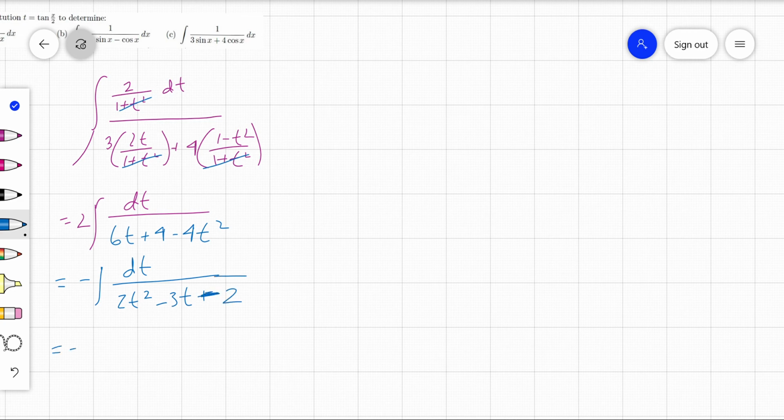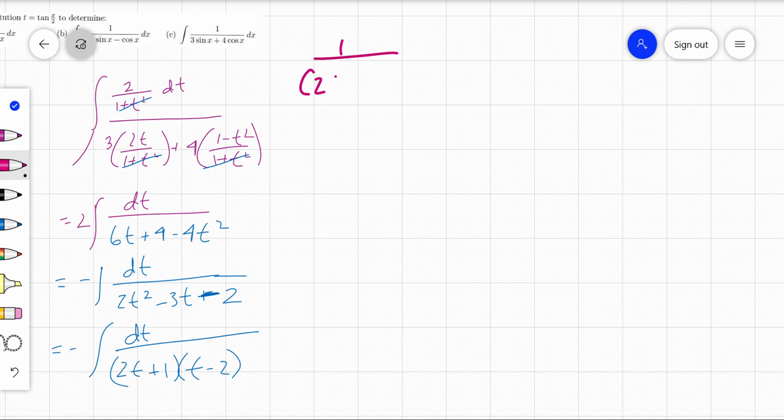All right, and we know that we can actually factorize that, and we'll get 2t plus 1 times t minus 2. Let's see, that will be minus 4t plus t is minus 3t and negative 2. Yep, that works. So we can use partial fractions again. If I have a look to the side, I'm going to put an A on the 2t plus 1 and a B on the t minus 2.